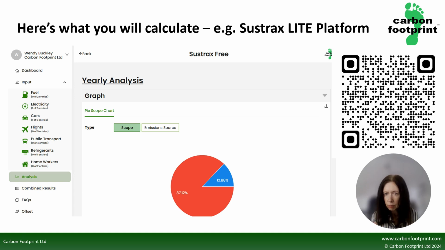Any of those units can be used interchangeably within Sustrax Lite, and in a short amount of time you will get to a screen with your results on and be able to see with a simple representation here in a pie chart, best way of looking at it, where the emissions are coming from. The QR code on screen there will work, so please do log on to Sustrax Lite and have a look at how that works there.